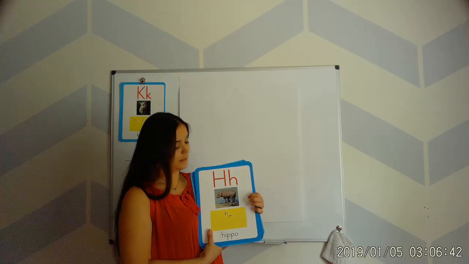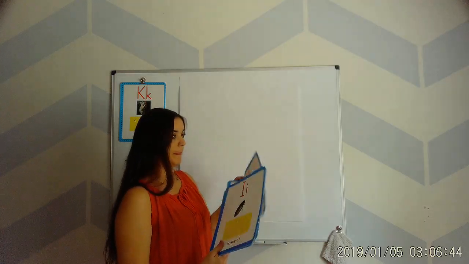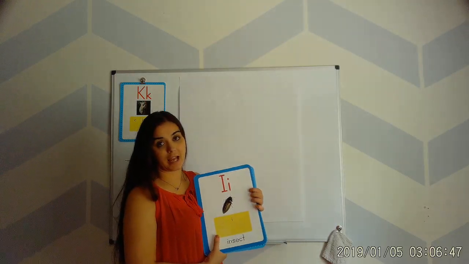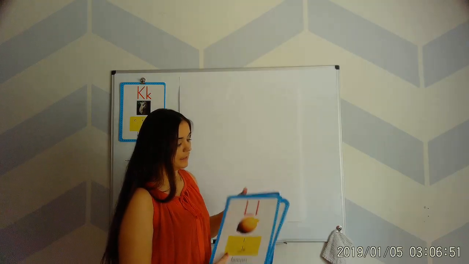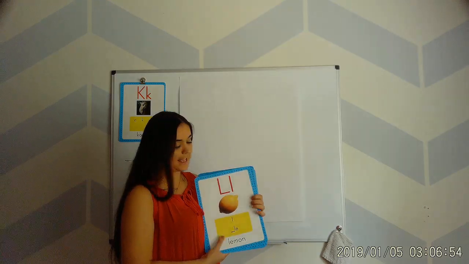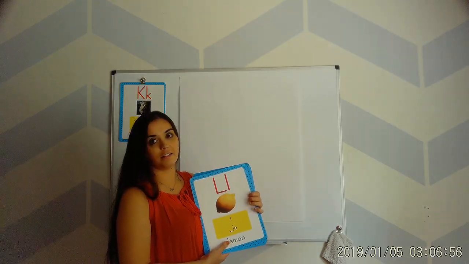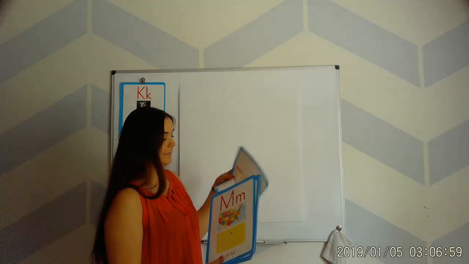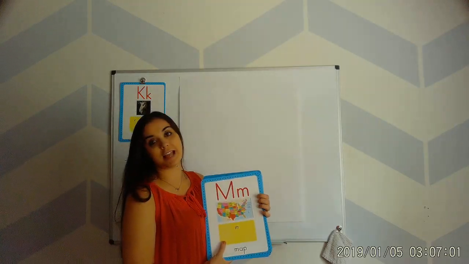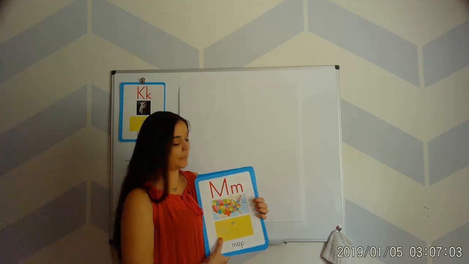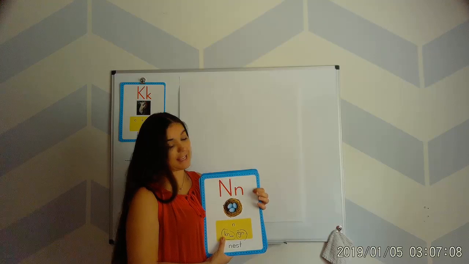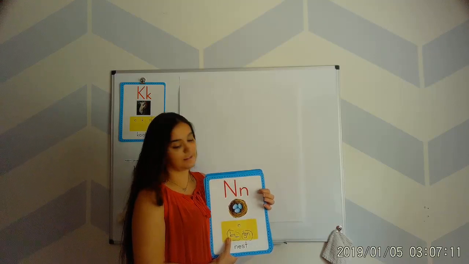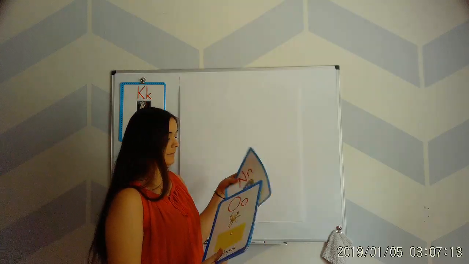And H, what does H say? Like hippo. And I, what does I say? Like insect. And L, what does L say? Like lemon. And M, what does M say? Like map. And N, what does N say? Like nest.